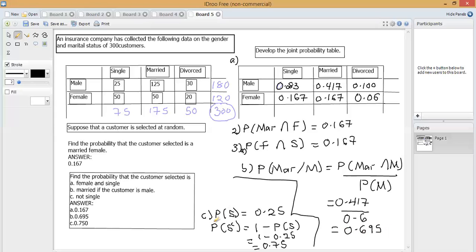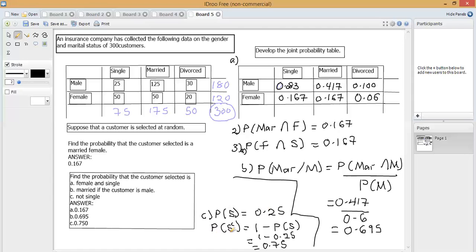Now let's come to C. Find the probability that a person selected is not single, right? Not single, meaning complement of single. But we know that we can find probability of single. This is the single column. When I add these together, it could be single male or single female, and I get probability of single, which gave me 0.25. So 0.083 plus 0.167 gave me 0.25.